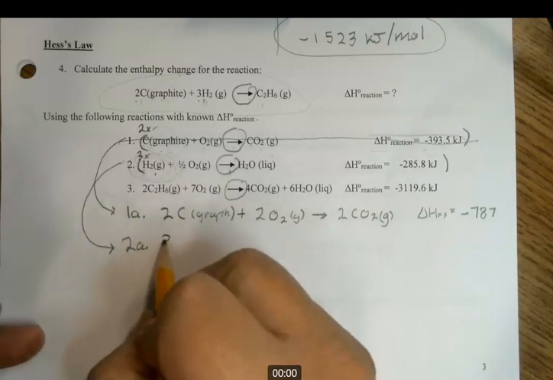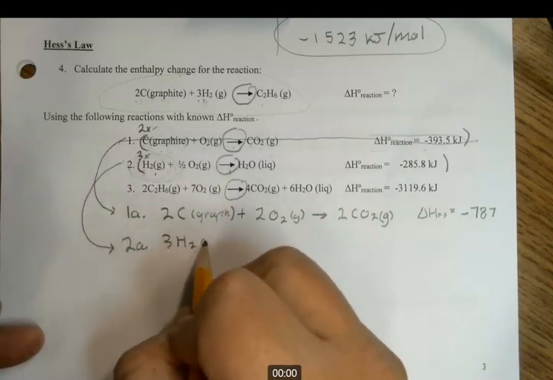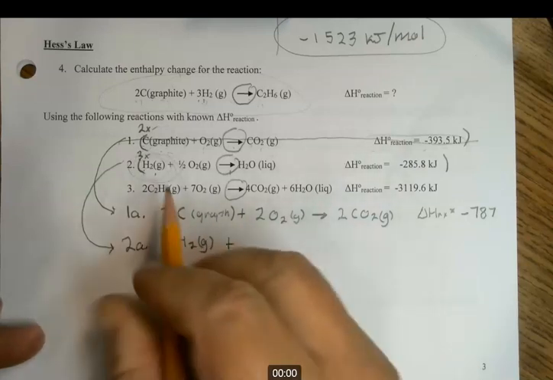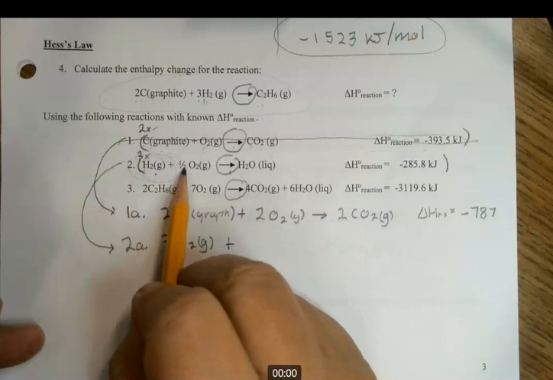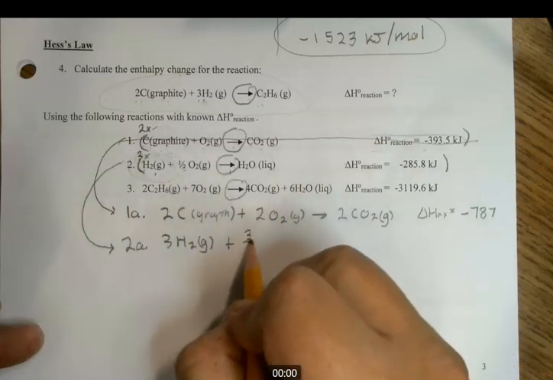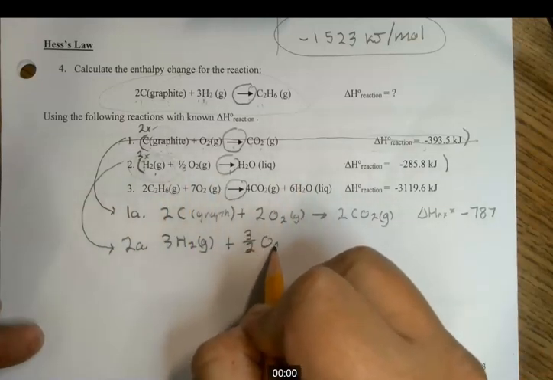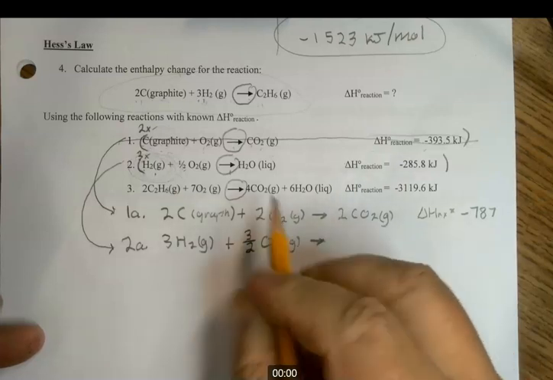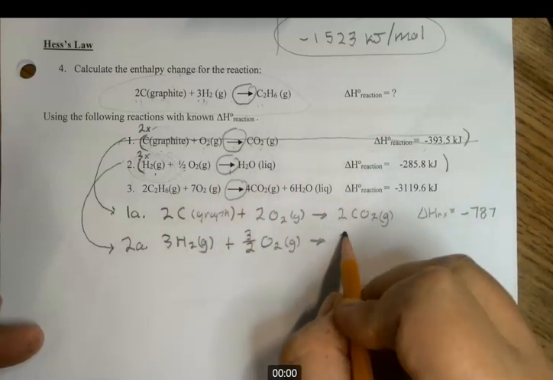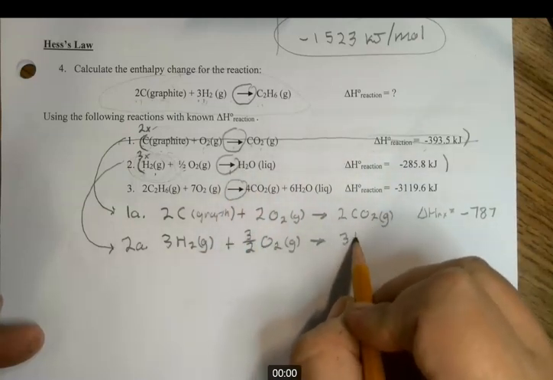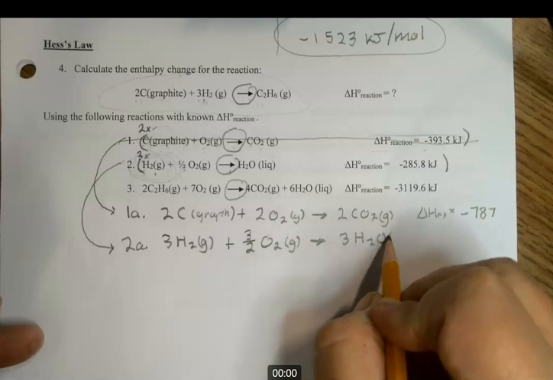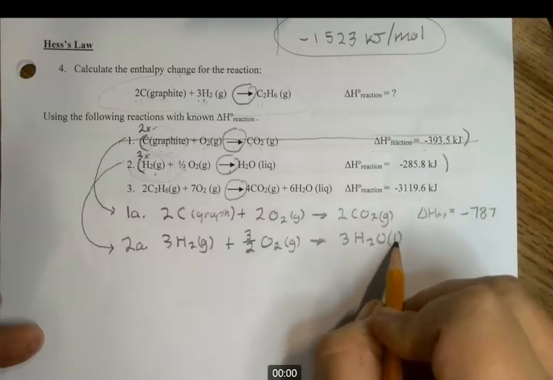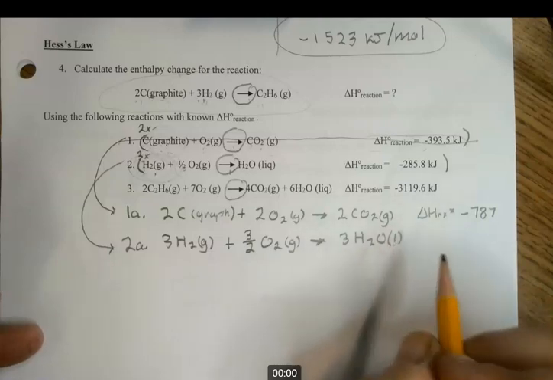So I've got 3H2 gas plus, now it's 3 times 1/2 here. So that's going to be 3/2 O2 gas, and that's going to bring you over here and give you 3H2O, and that's going to be in liquid form. Okay, and remember that's not a 1, it's an L, it's a lowercase l for liquid.